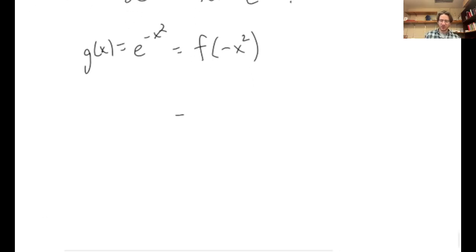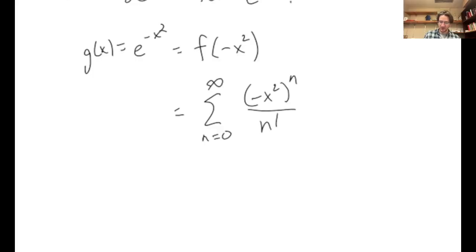Okay, so if I plug in minus x squared into a power series, or sorry, into the function represented by a certain power series, then I can just plug in that same thing into the power series itself. Okay, so this is the sum n equals 0 to infinity of minus x squared to the n over n factorial, right?